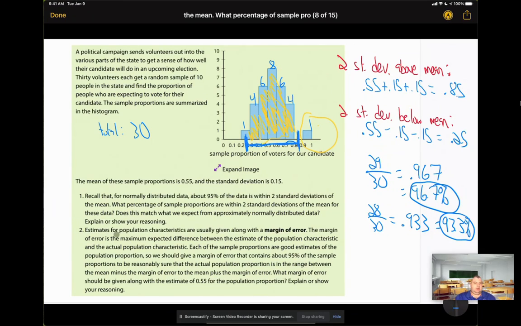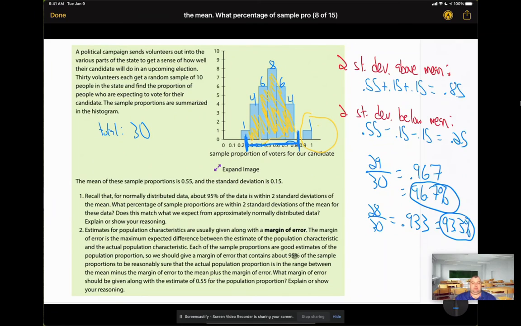Number two, estimates for population characteristics are usually given along with a margin of error. I've talked about what the margin of error is. Margin of error is the maximum expected difference between the estimate of the population characteristic and the actual population characteristic. This was in our notes.